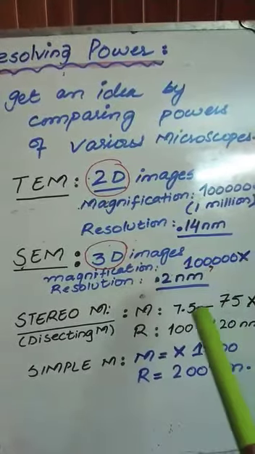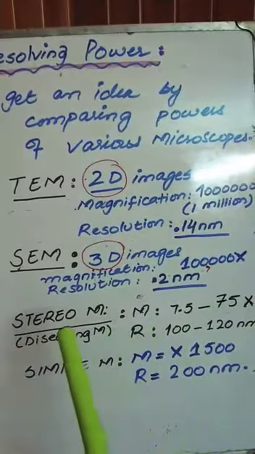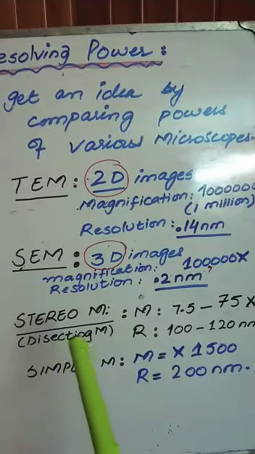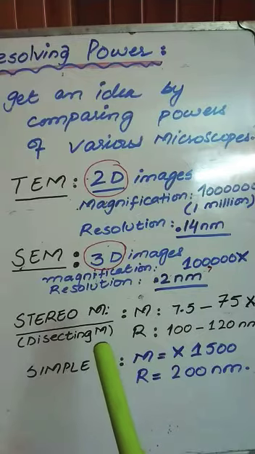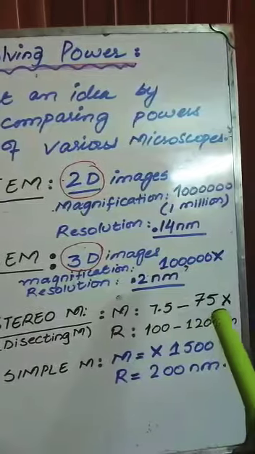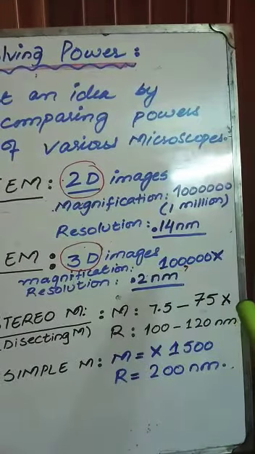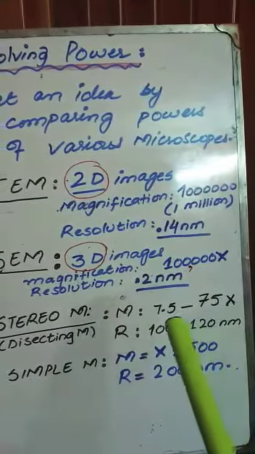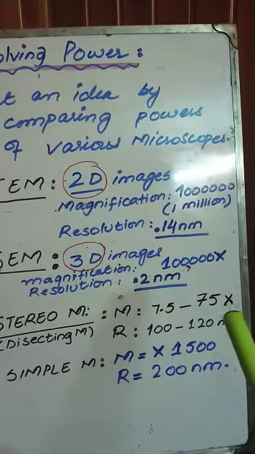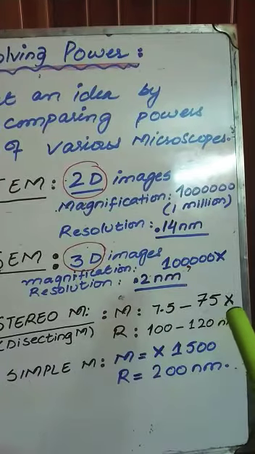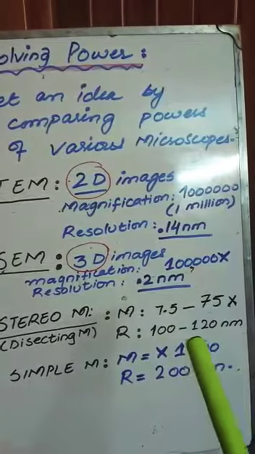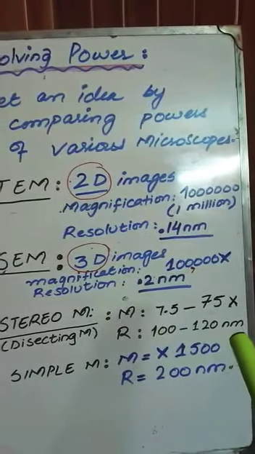Dear students, another microscope is called the stereo microscope. In layman's terms, the stereo microscope is also known as the dissecting microscope, and its magnification power is 7.5 to 75 times the real size. It can magnify the object 7.5 to 75 times, and its resolution power is 100 to 120 nanometer.